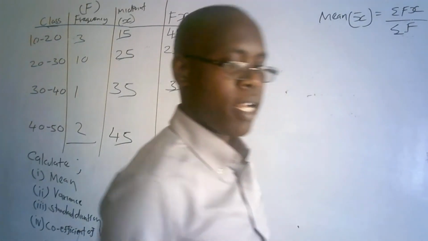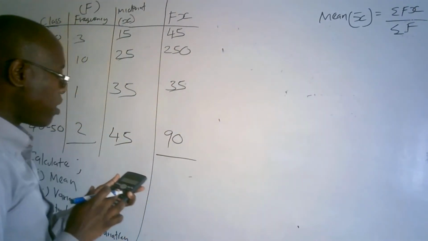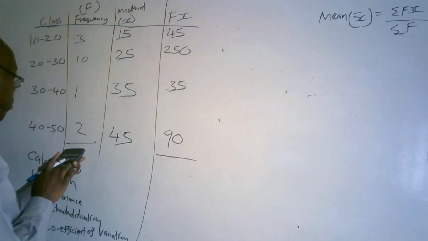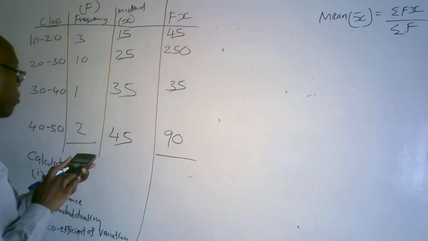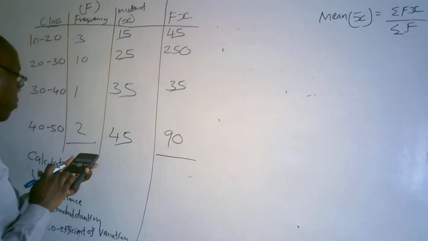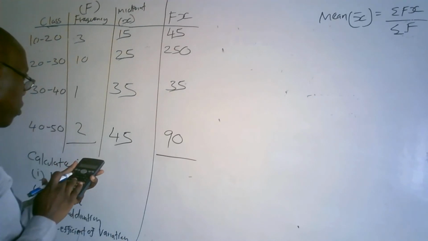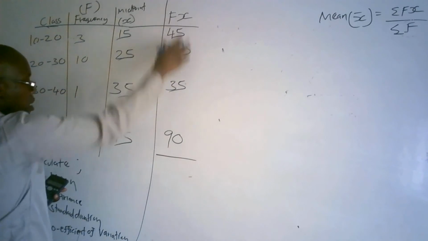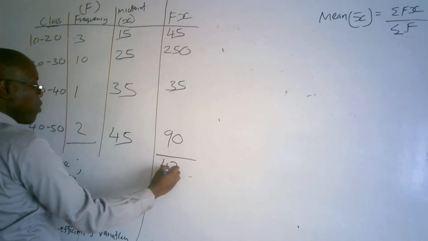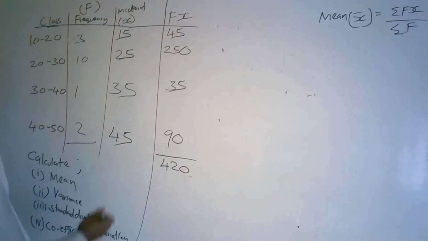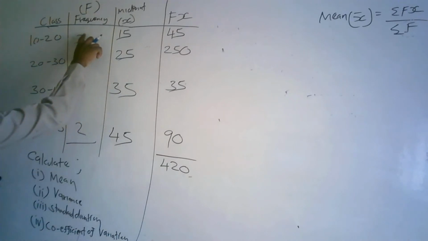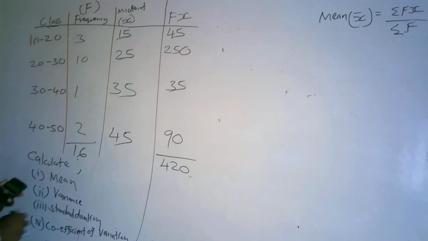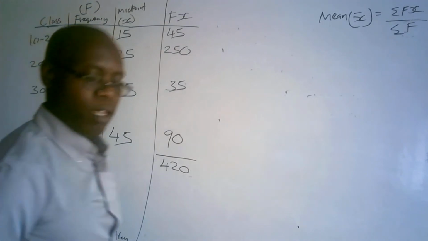So I will take my calculator here, and then of course add them up. So here we are going to have 420, and then this one is going to be 13, 14, 16. So this one is going to be 16 there. So that is summation of f.